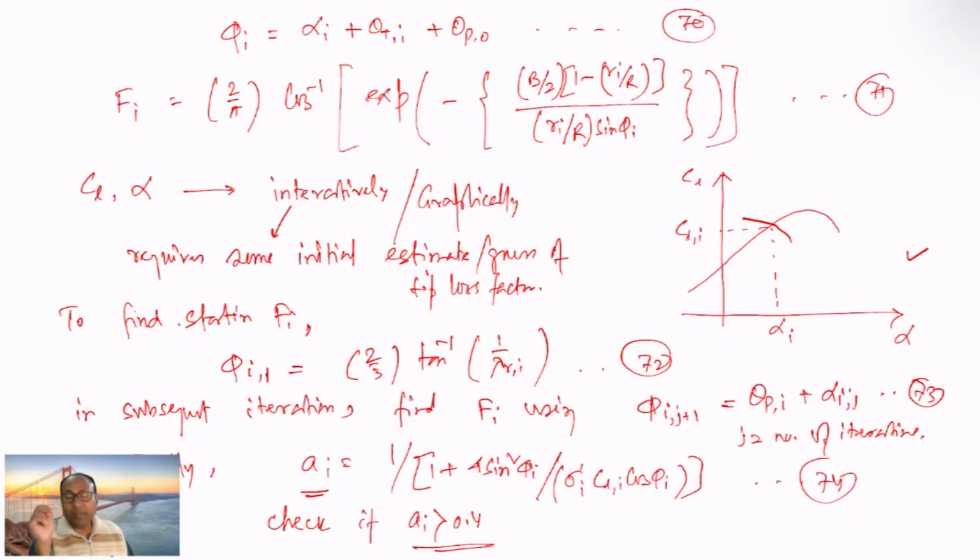But the iterative method is slightly more robust. You start with some initial guess of Fi and then calculate phi I. And once you converge to phi I, then you get the axial induction factor. So that's how you find CL and alpha and all these things. But once you find out AI, you check whether this is valid or not and then move to the other, which we'll talk about in the next session.